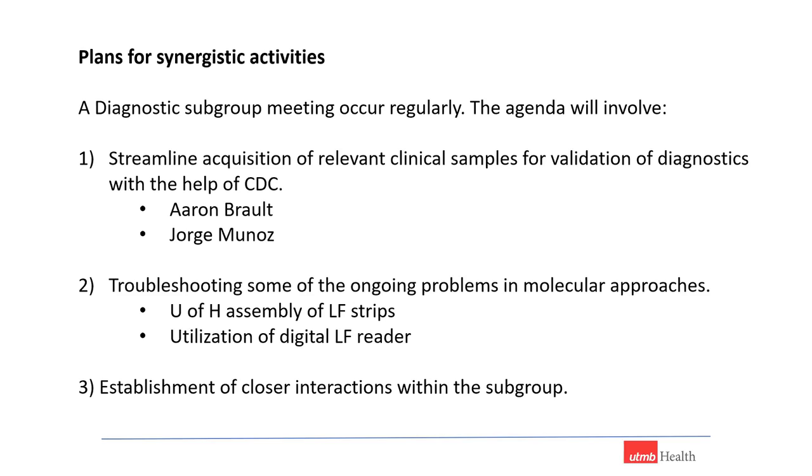As you saw in the couple previous slides, the really faint lateral flow strips get a little more difficult to read. And so having a digital reader that can have some type of OD reading could prove beneficial, especially for inexperienced readers. And then, of course, establish closer interaction between the groups.